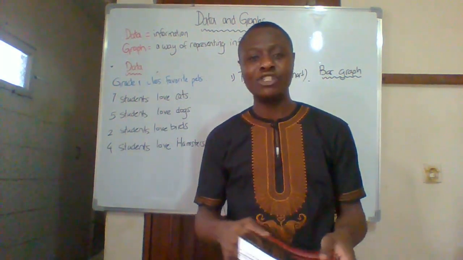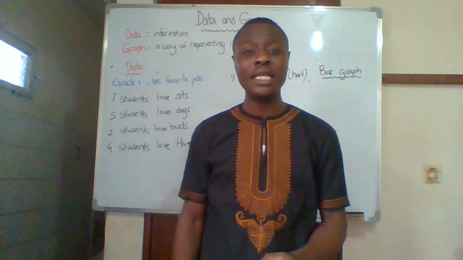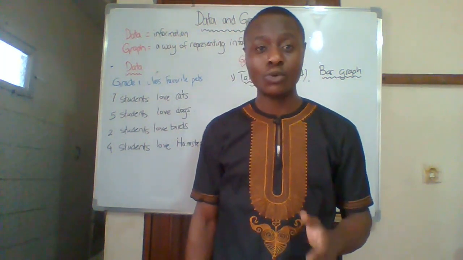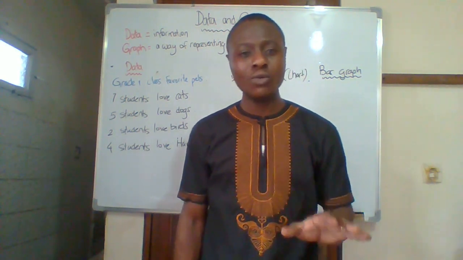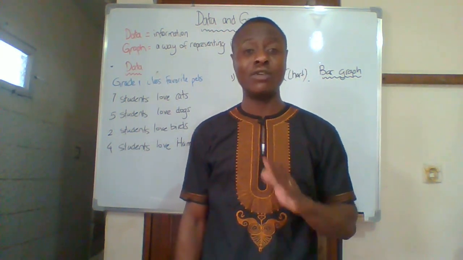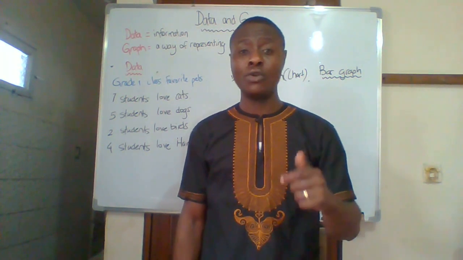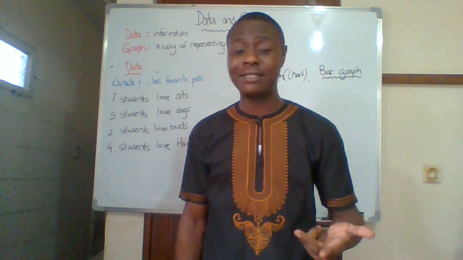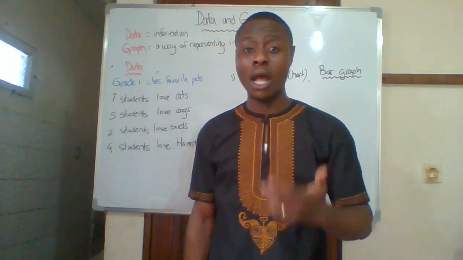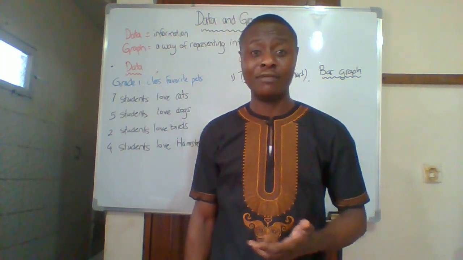And if Mr. Jerry is the only man in the school, that's also data. So those were examples of data. And you see you have a lot of data. You know how many friends you have, that's data. You know how many pets you have at home, that's data. You know how many video games you have, that's data.